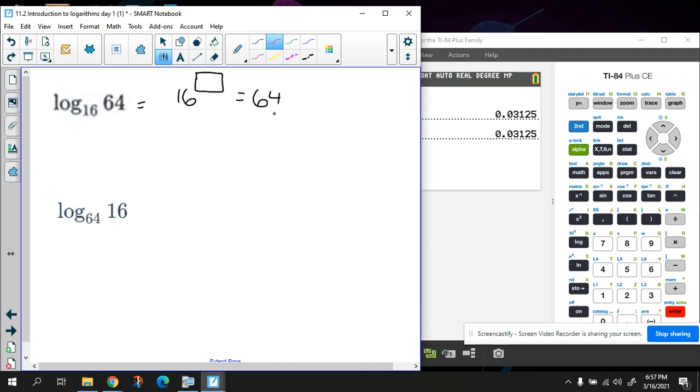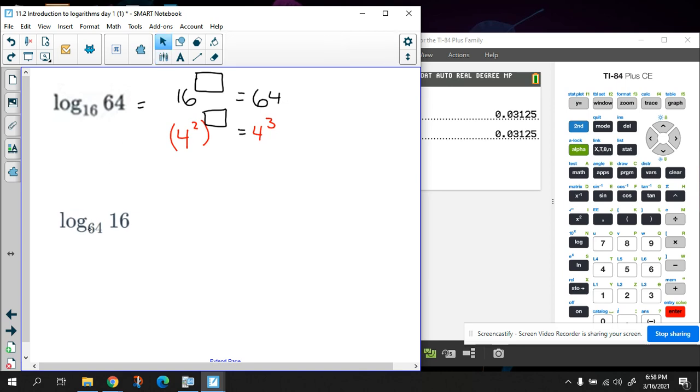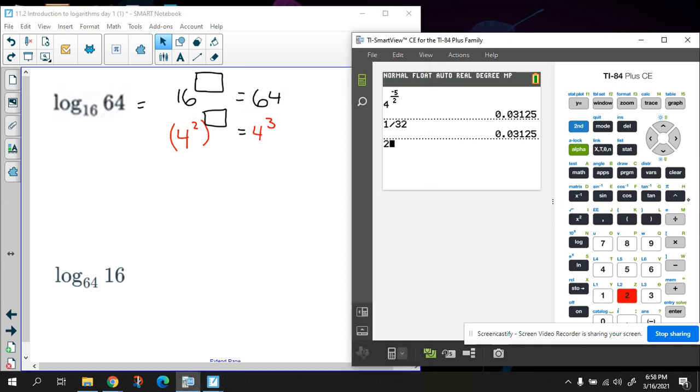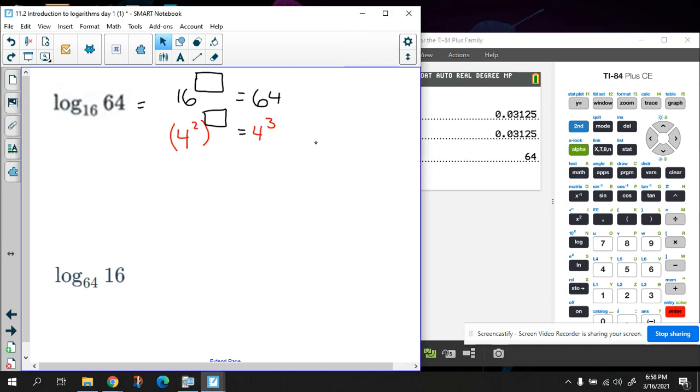Now, both 4 and 2 are acceptable to work with. You can write this as 4 squared to our mystery number equals, and then you can write this one as 4 raised up to the 3rd power. You could use 2 because you can do 2 to the 4th and 2 to the, what number would that be? 2 raised up to the 6th would make 64. So either one is going to get you the right answer.